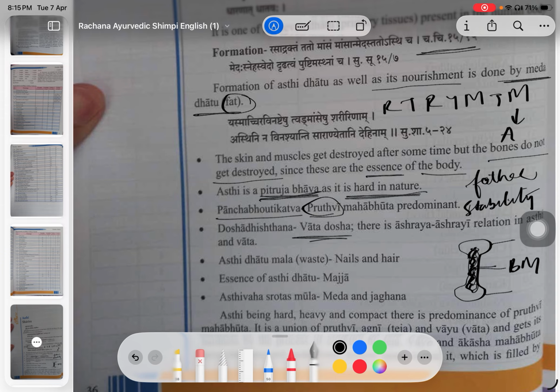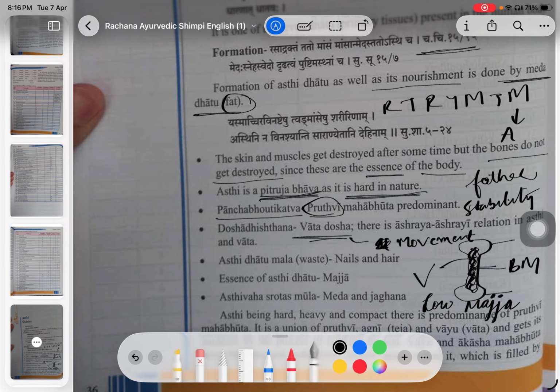But this bone marrow, when replaced by vat, like if we have low majja dhatu, then this bone marrow will be replaced by vat, and the Vata will cause a pathology over here, right? So, predominantly Vata. Also, you can correlate it by Gati, or movement.